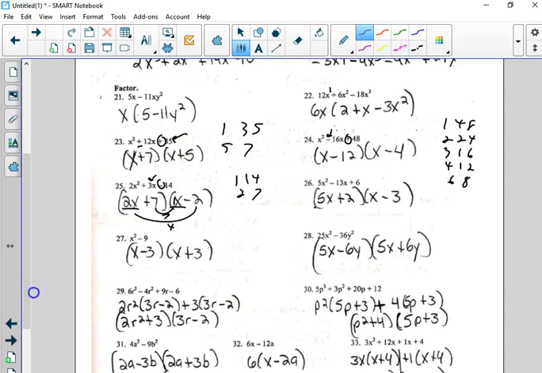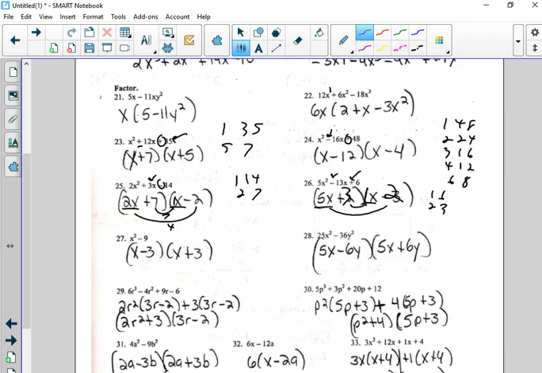26, not that bad. You have to do 5 and 1 because it's prime. Start there, it's easy. Then you have 1 and 6, 2 and 3. They have to add up to negative 13. Actually, that's a mistake, I believe. Wait, we'll check that. Yeah, plus means they're both the same. That's treating it like it's minus. So that's a mistake. So actually, it's got to be 3 and 2.